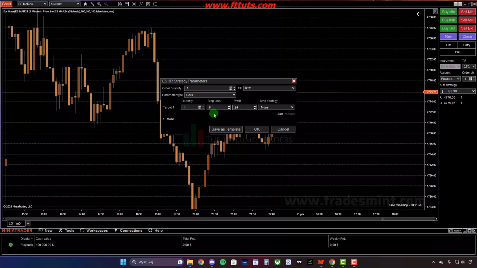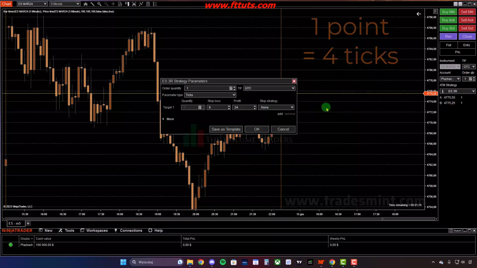What does it mean? It means that my stop loss is set to 2 points, because on ES, same with Nasdaq, 1 point is the same as 4 ticks. So 4 price changes is 1 point.